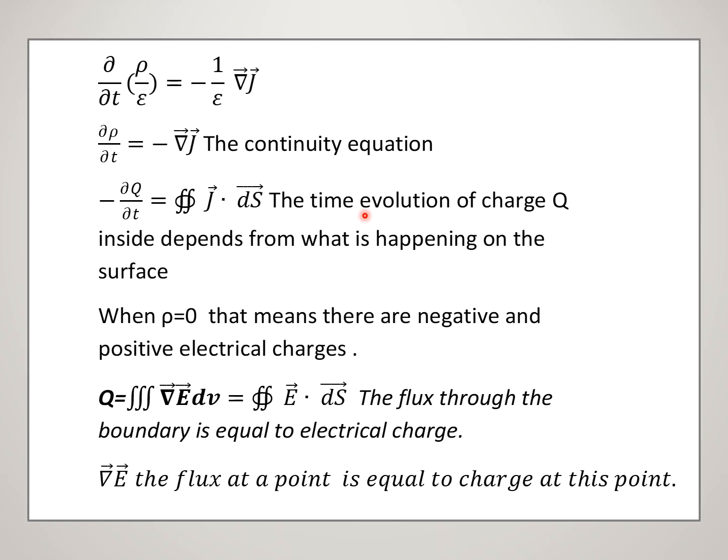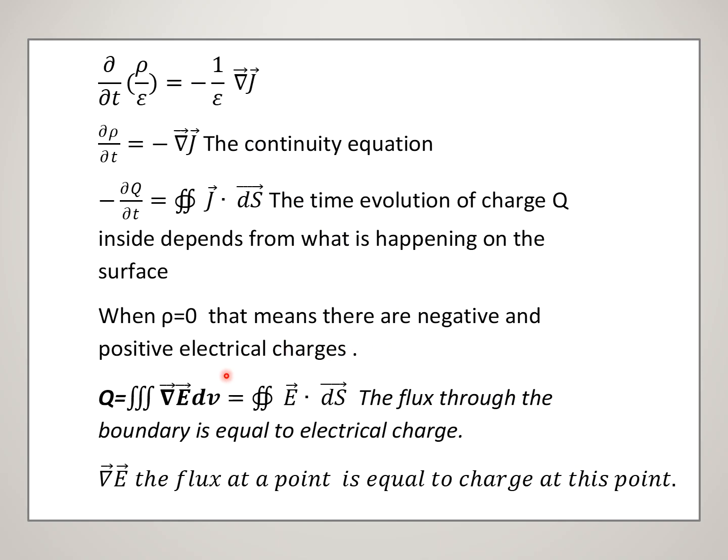The time evolution of charge Q inside a volume depends on what is happening on the surface. When rho equals 0, that means there are negative and positive electrical charges.